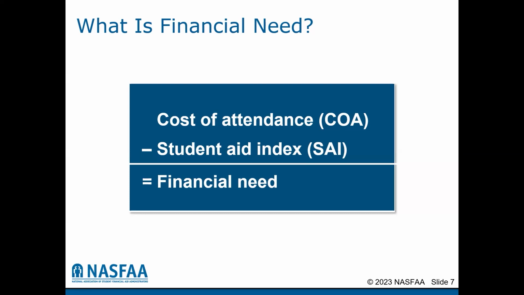Financial need will vary based on the cost of attendance of different colleges or universities. A student's remaining financial need determines how much and what types of aid a student may receive.